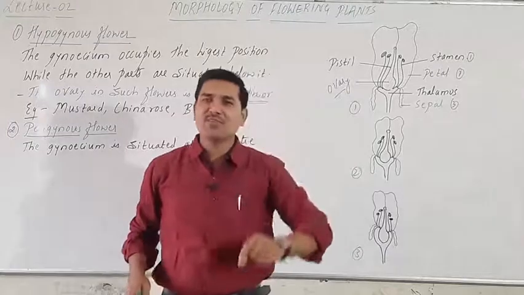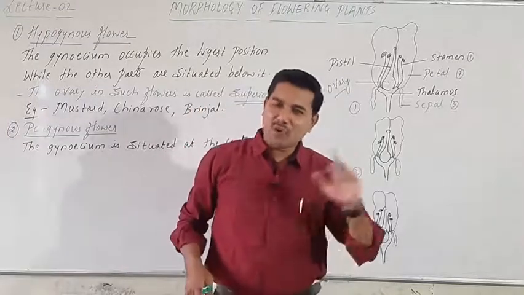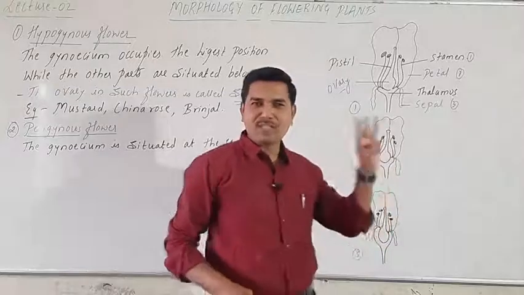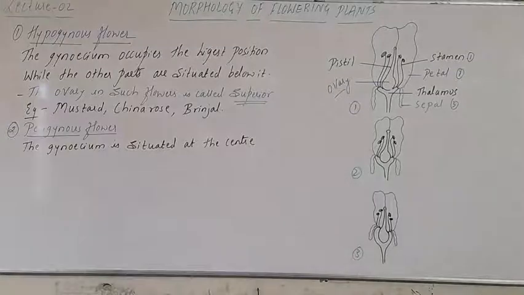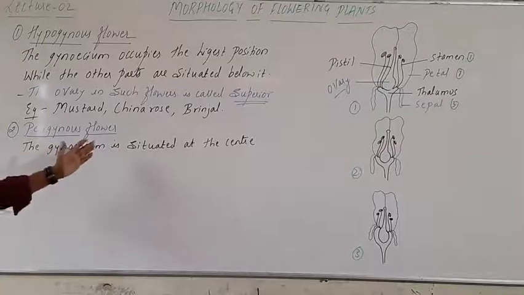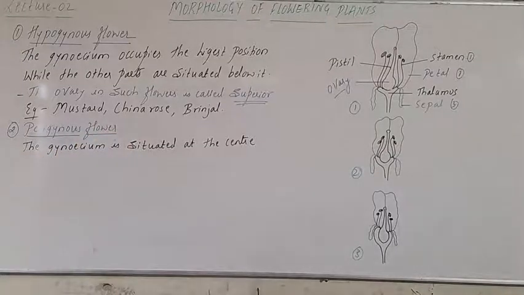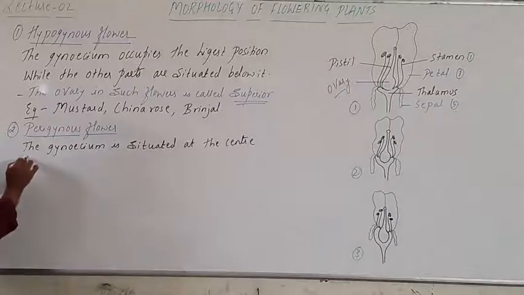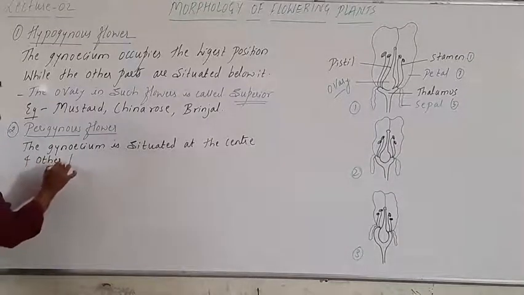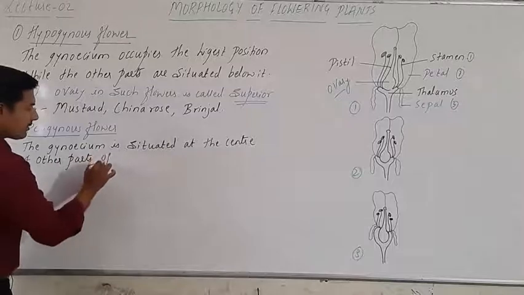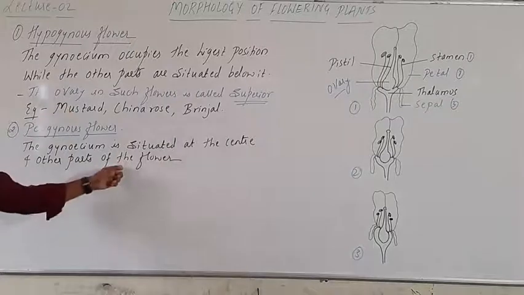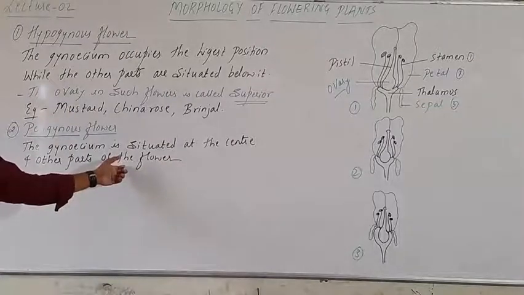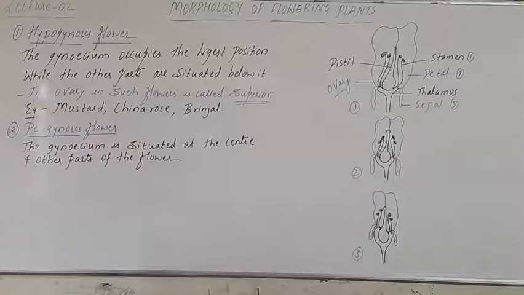And these definitions will certainly be asked, either for 1 mark or 3 marks. If 3 definitions are asked, you get 3 marks. Okay? So let's continue with the definition. The definition of the perigynous flower states that the gynoecium is situated in the center and the other parts of the flower are located at the rim.